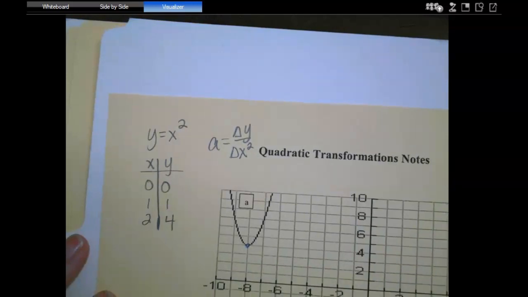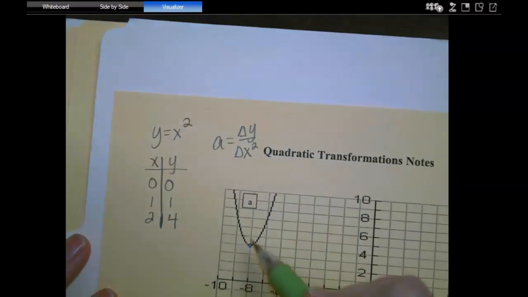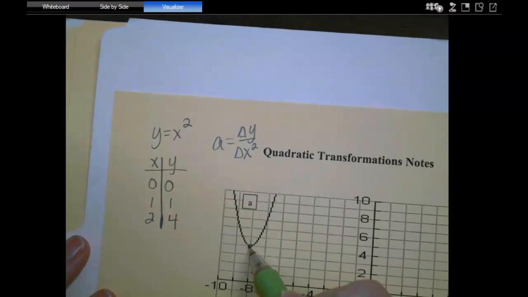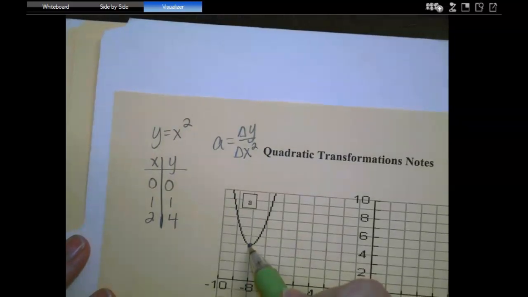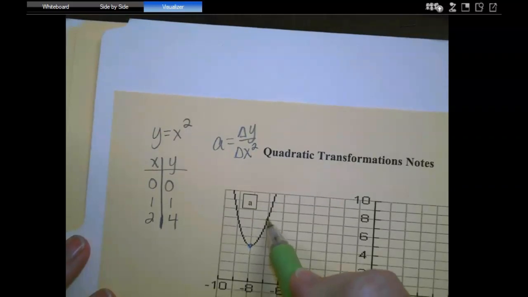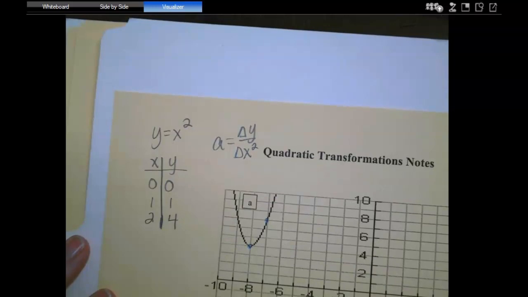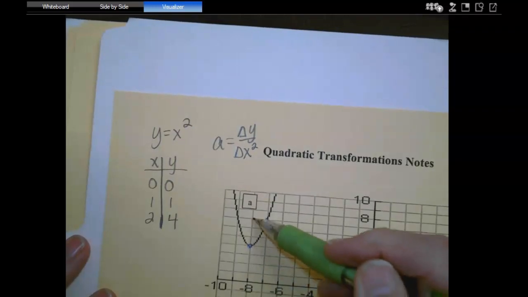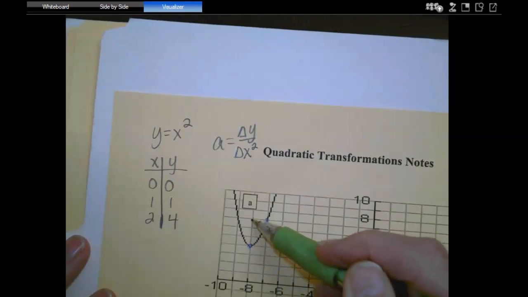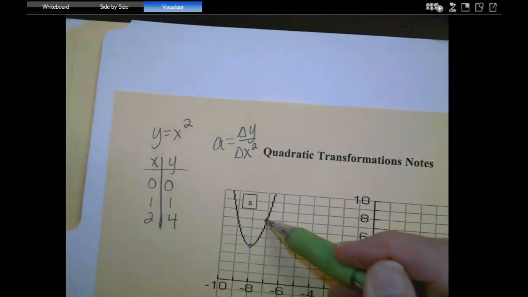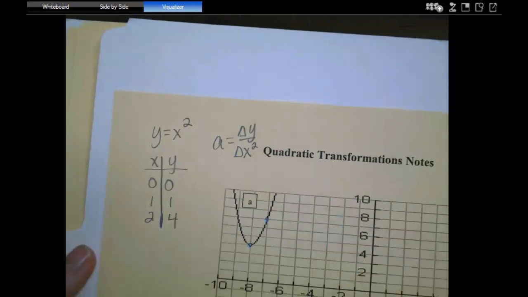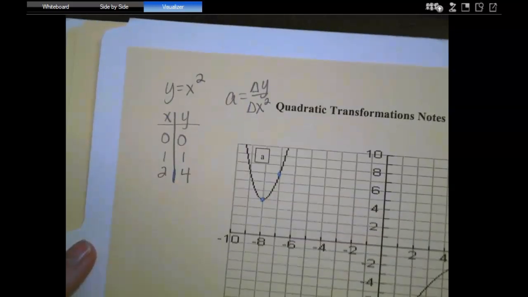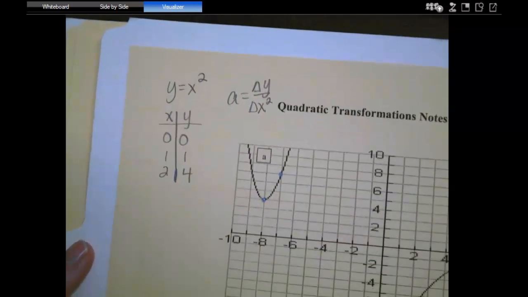So if I look at my function, I'm going to count from this point to an exact point. And it doesn't matter which point you pick as long as it's exact. So can we agree that this is an exact point right here? Okay, so my y, I'm going to go 1, 2, 3, right? I went up 3, and then I go over 1. So 1 squared is still 1. So my a value is going to be 3 over 1, or 3.